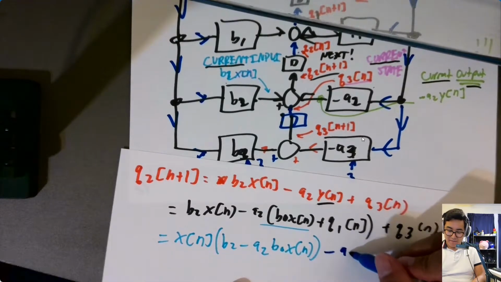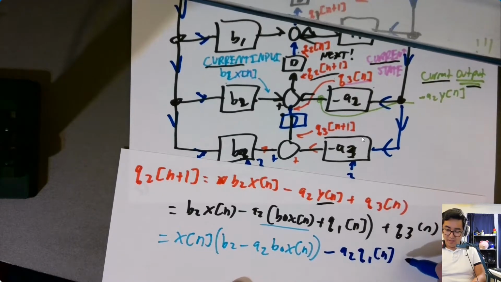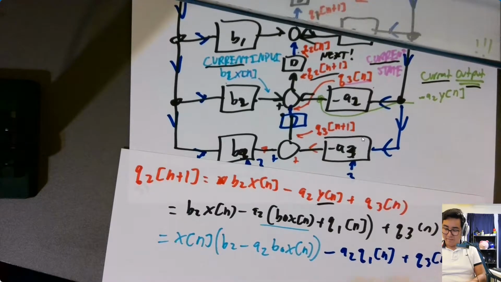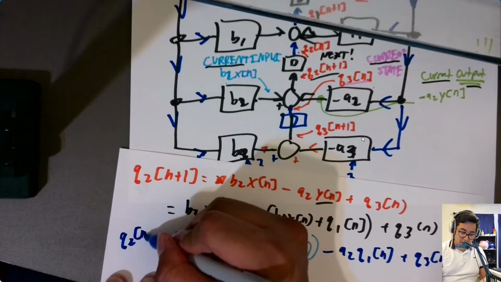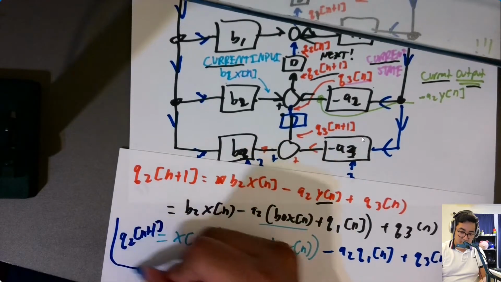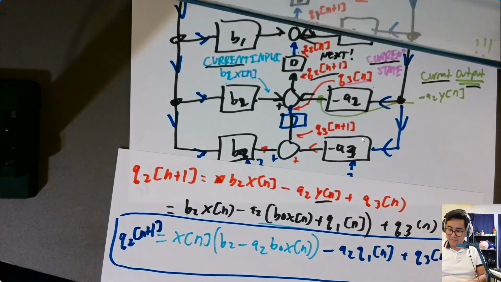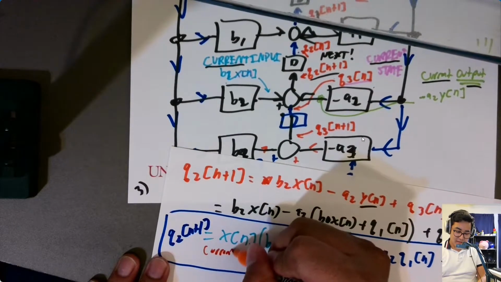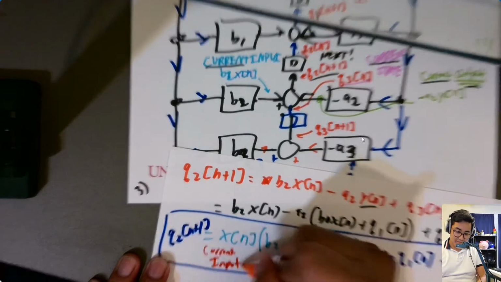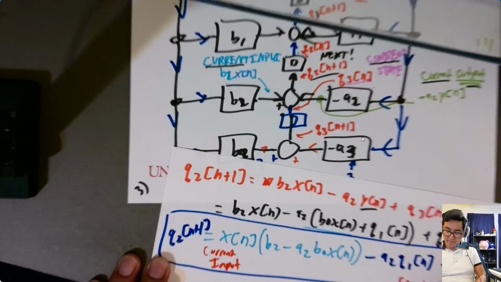Minus a of 2 q of 1 of n plus q of 3 of n. And that's it. Q of 2 n plus 1. There you go. And guess what we have? Current input and current states.